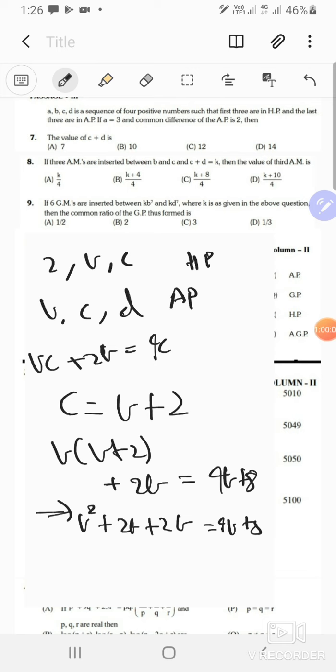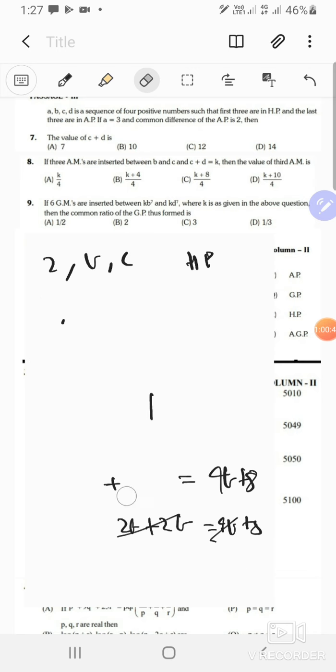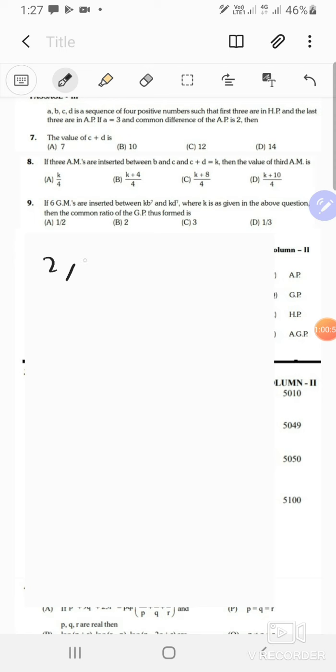The first 3 are in harmonic progression. Yeah, we did that. So let's see what we get. So b is root 8. You get that b, root 8 and c are in harmonic progression. More like 1 upon 2, 1 upon 2 root 2 and 1 upon c are in arithmetic progression.